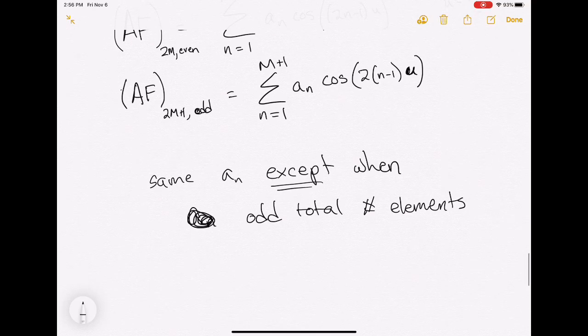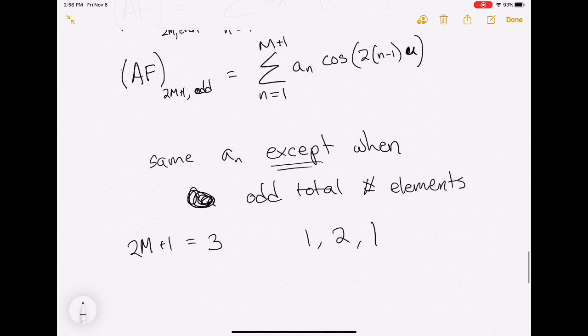In which case, the coefficients that you have, let's say 2M plus 1 being equal to 3, means that you need the coefficients 1, 2, 1. In your equation, you are going to write down that a1 is equal to 1 because that element is getting counted double.